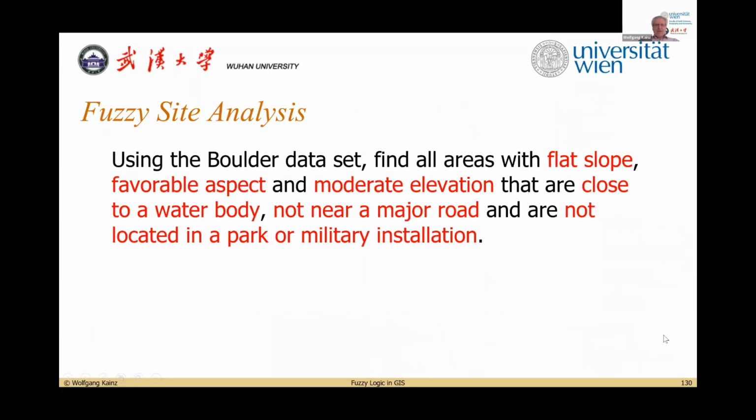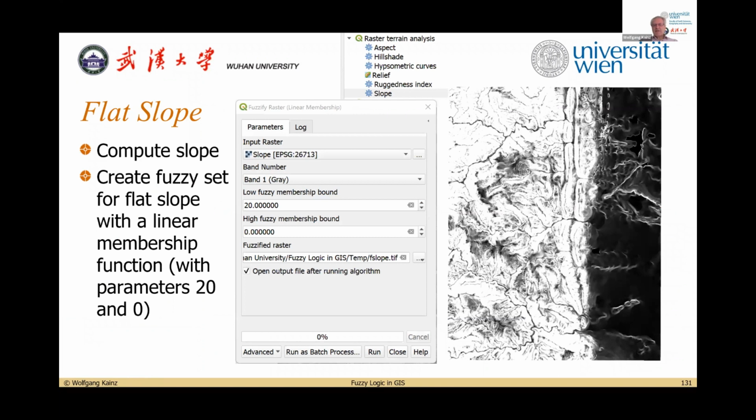We are doing it step by step, starting with flat slope. Now, flat slope we define as a fuzzy set using a membership function that has two parameters.